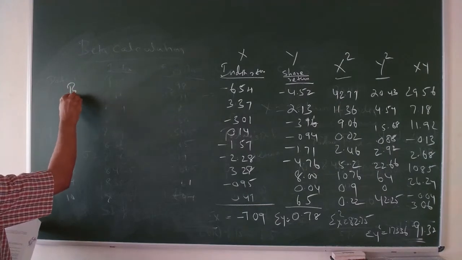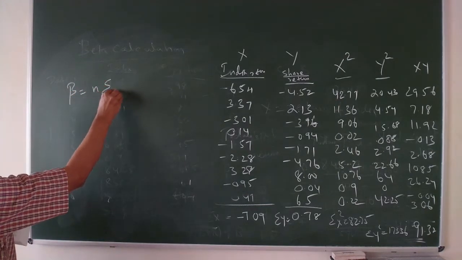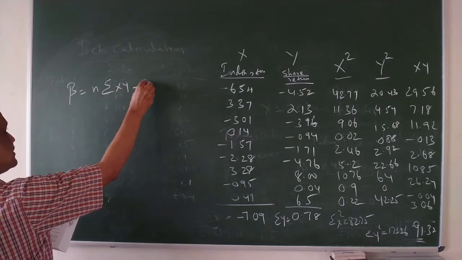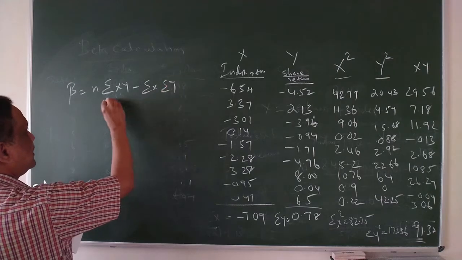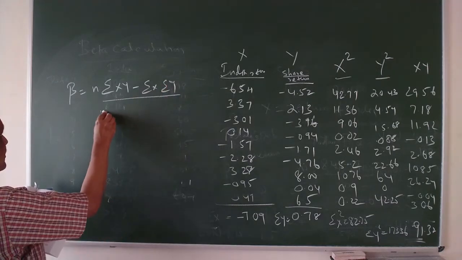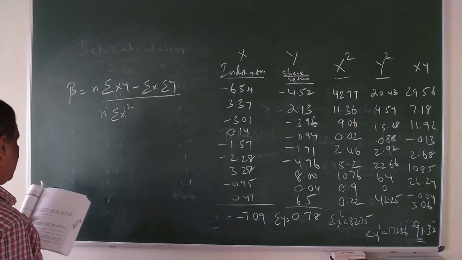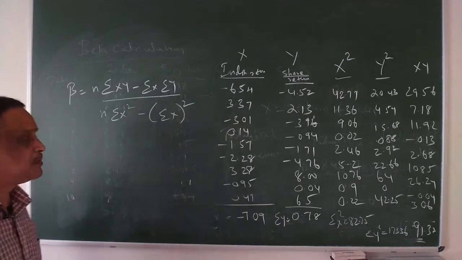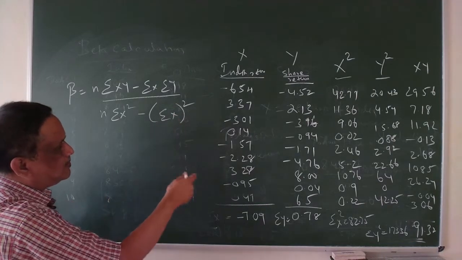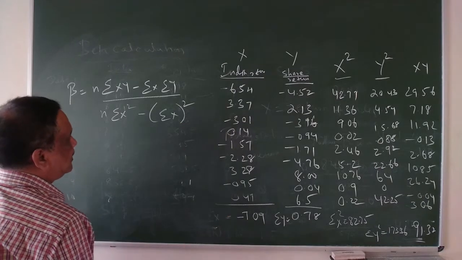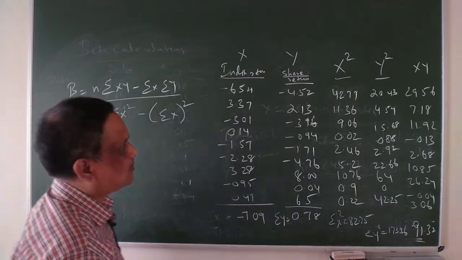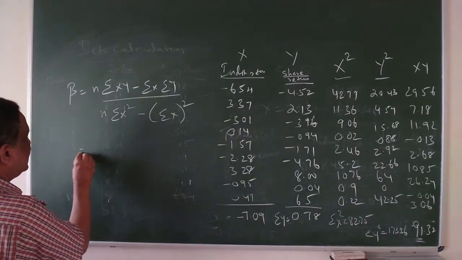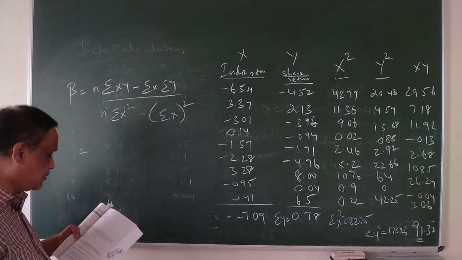We know the formula beta equals n sigma xy minus sigma x into sigma y divided by n sigma x square minus sigma x whole square. Please be clear, this is sigma x whole square, that is this whole square. Okay? This is sigma of x square, this one, right. So, be careful. So, n is 9, we have 9 values.